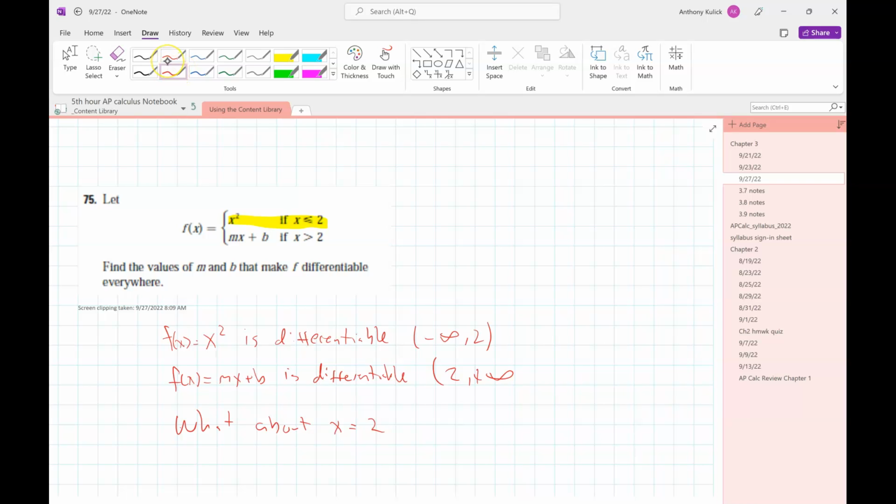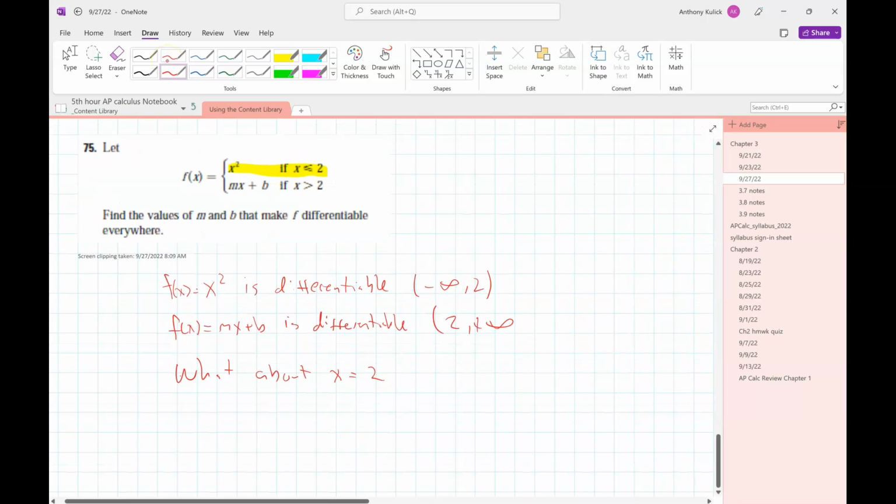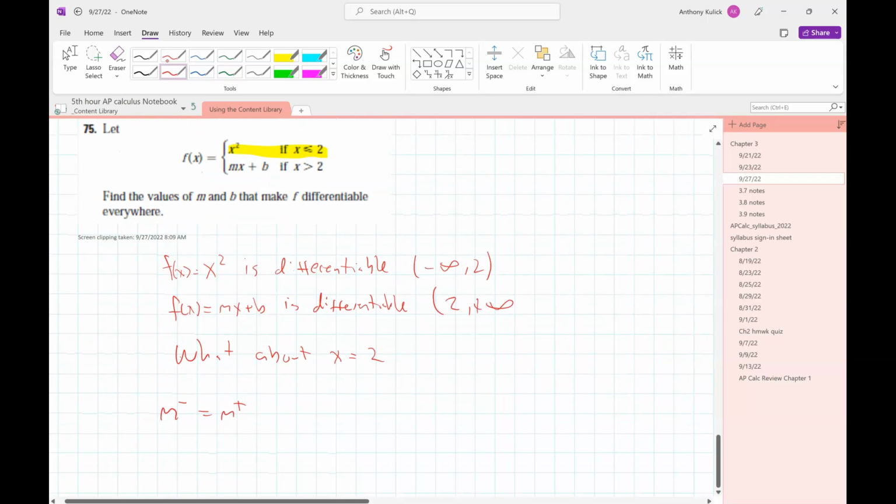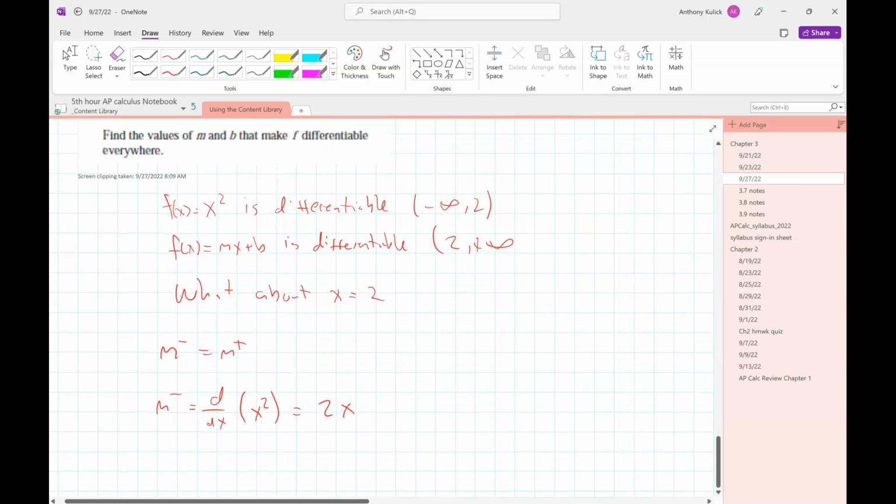So for that to be the case, I need the slope from the left to equal the slope from the right. So if I go from the left, that's the derivative of x squared, which should equal 2x.